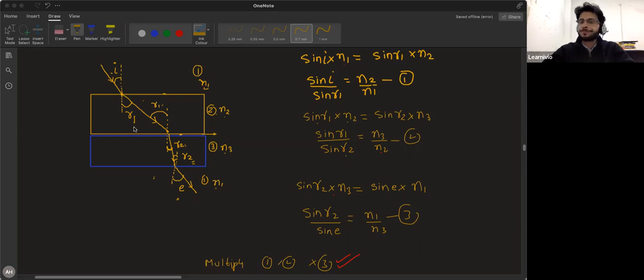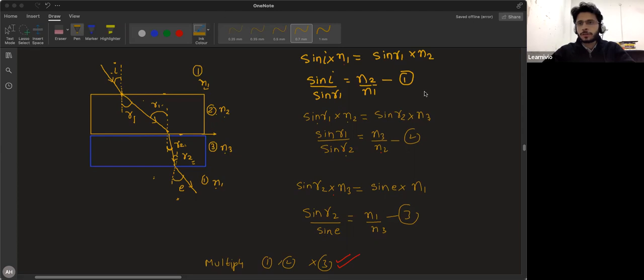Except I and E. So except sin I and sin E. Did you get any final result on multiplying these three equations? Yes, Nabil.